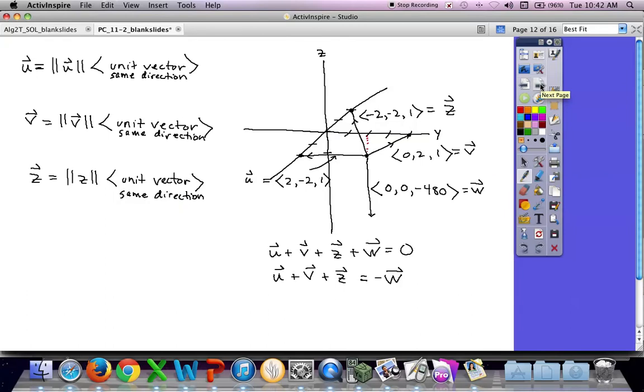So our u vector will be the magnitude of u, whatever the tension in the cable is, times a unit vector in the direction of that.